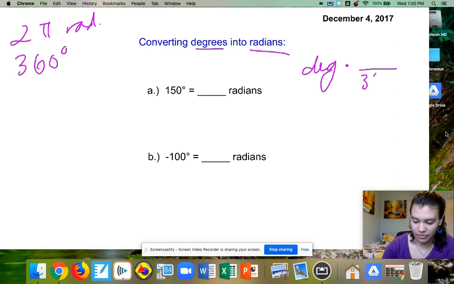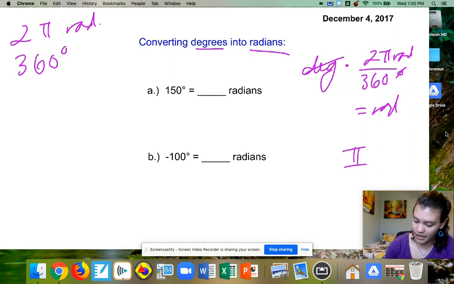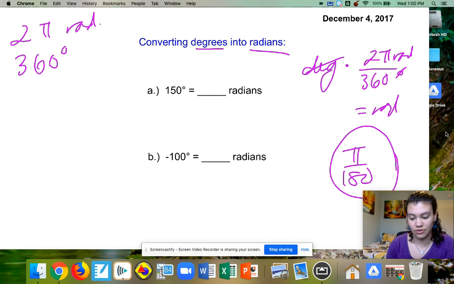We have 360 degrees is the same as 2 pi radians. If you go back to dimensional analysis from chemistry, your degrees are going to cancel, and you'll end up with radians. If we simplify this, your conversion is going to be pi over 180. So use this to go from degrees to radians.